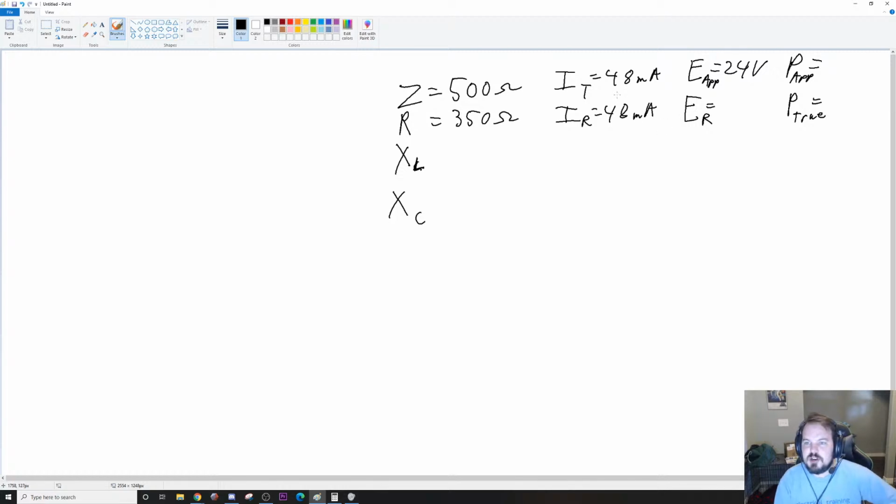Now that we have our chart, and remember 48 milliamps, you move the decimal 3 times, that's going to be 0.048 amps. So let's go ahead and multiply across to get our true power, because that's all we need to work with.